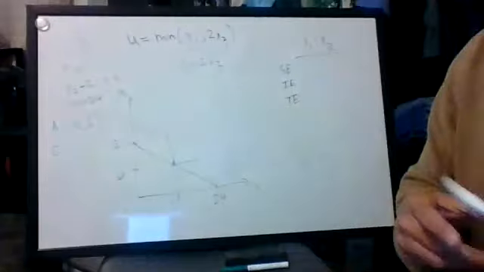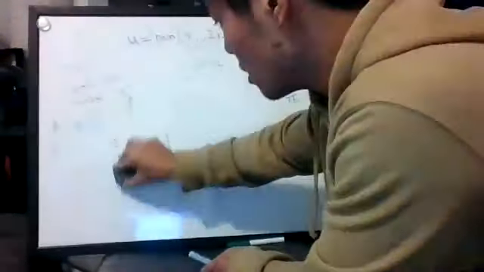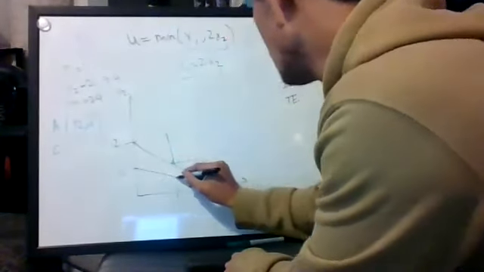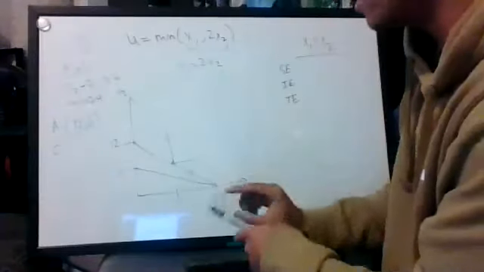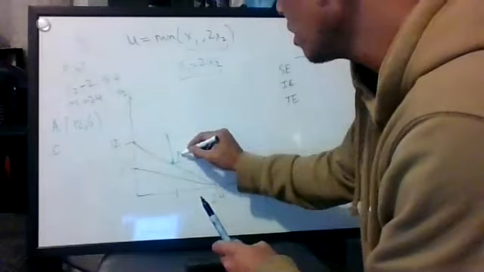I apologize if it's hard to see. I know that there's glare and these markers aren't great. So 6. We know that point C is going to have to be on this new budget constraint.